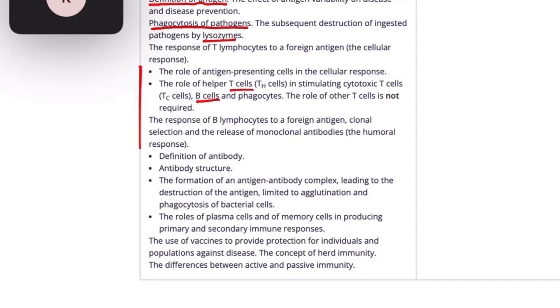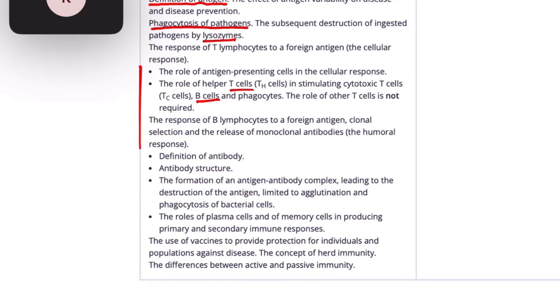This is part of your specific response. Your phagocytosis is non-specific because any pathogen which comes into your body, your phagocytes, which is a macrophage, they will go and attack that pathogen straight away, no matter what pathogen it is. It's not involved in really creating antibodies, in creating memory cells. That's what your B cells do.